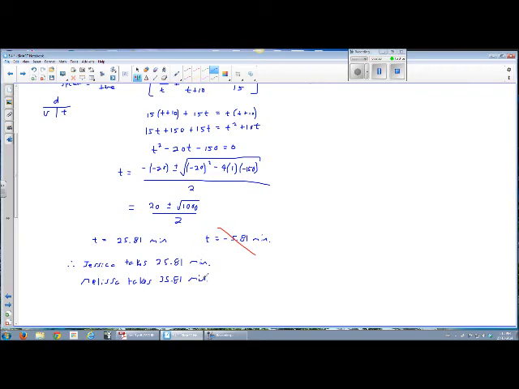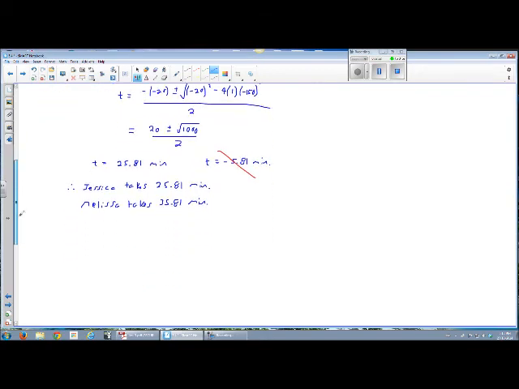Okay, now just to check that, we know that for Jessica we use 1 over t. So that's 1 over 25.81, and that gives us 0.039 cases filled per minute.